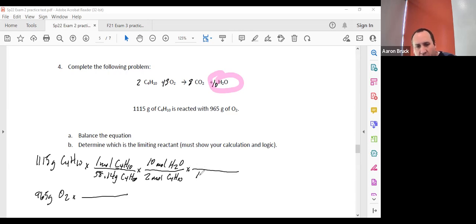And every mole of water weighs 18.02 grams. So put that all together: 1115 times 10 times 18.02 divided by 58.14 divided by 2. To 4 significant figures, I get 1,728 grams of water.